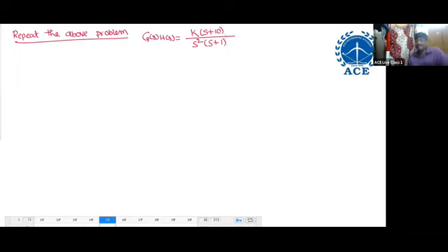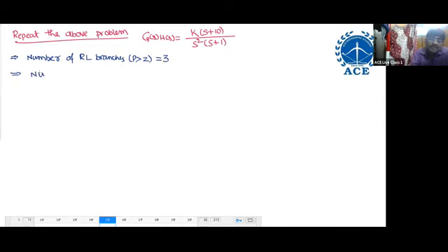Come on. So find it. Number of asymptotes. Number of root locus branches, how many? So P minus Z. Here P greater than Z. Number of root locus branches is 3, because P is greater.